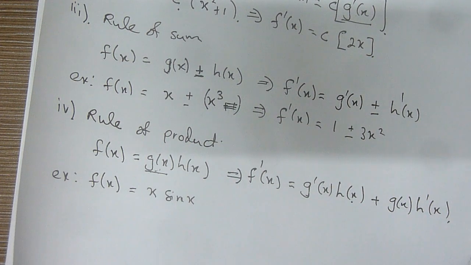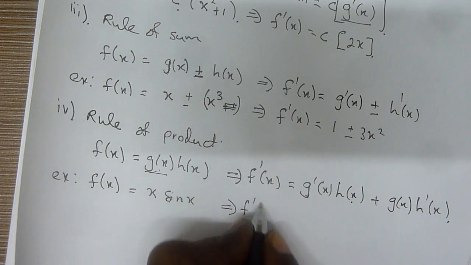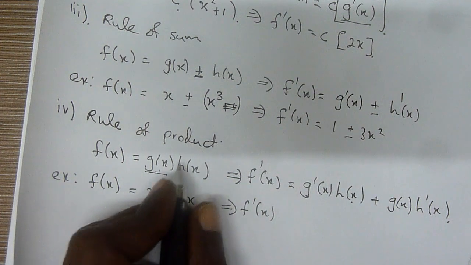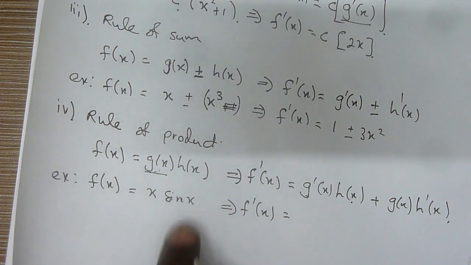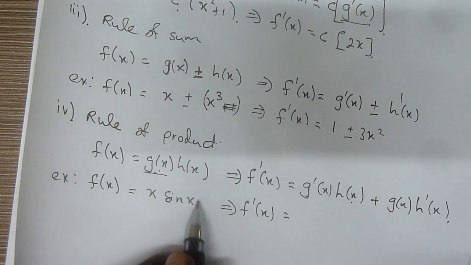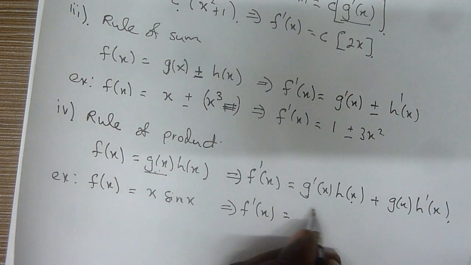Therefore in this particular case you can treat this as two different functions. Later we will see the trigonometric definitions for differentiation. Here, first of all you treat sine x as a constant, and then you differentiate x first.